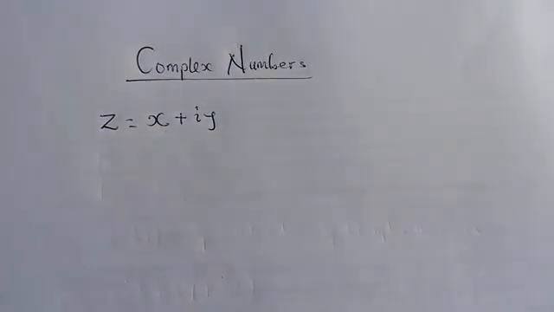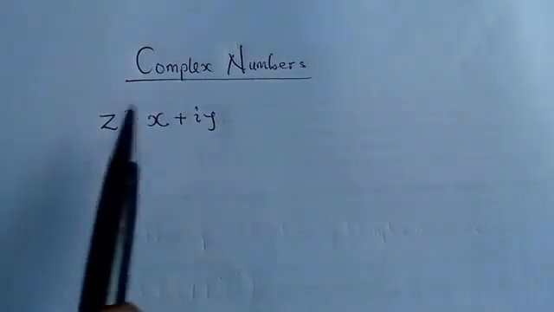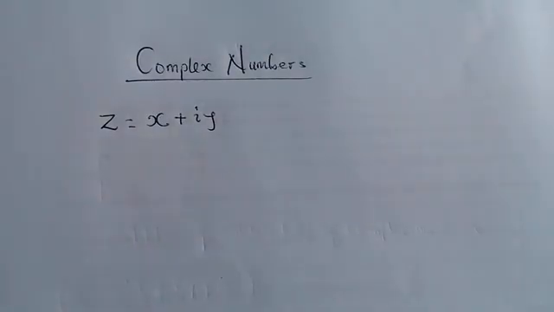This x is known as the real part, while the y here is the imaginary part. It then means that a complex number has two parts: the real part and the imaginary part of that number.